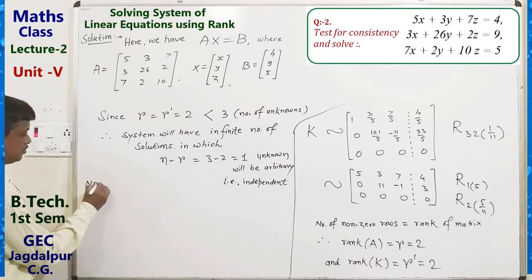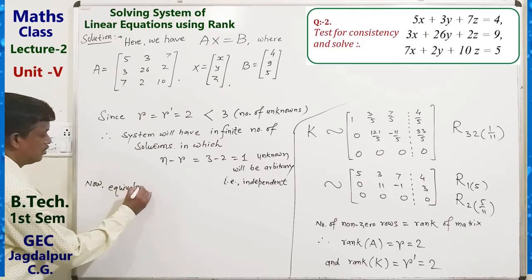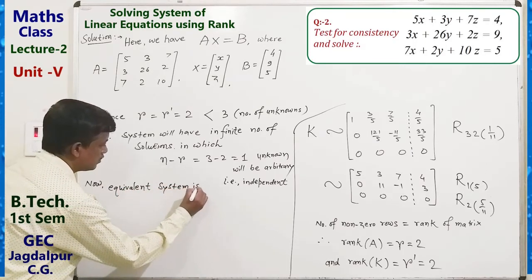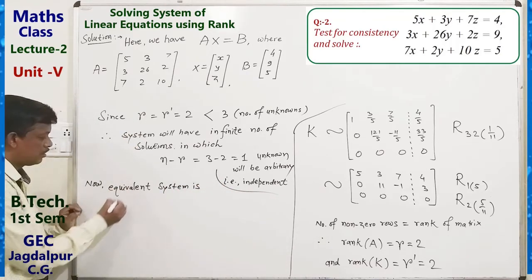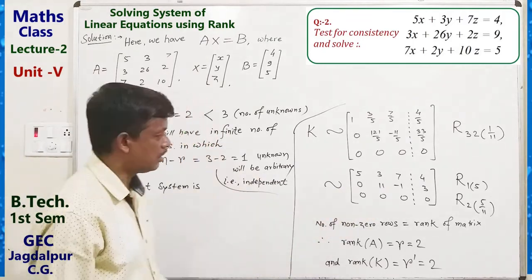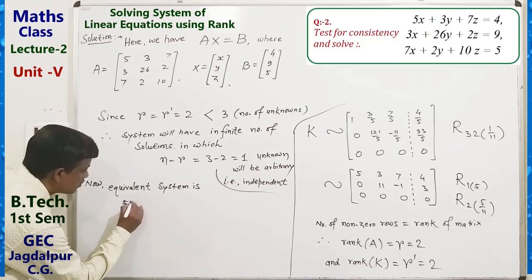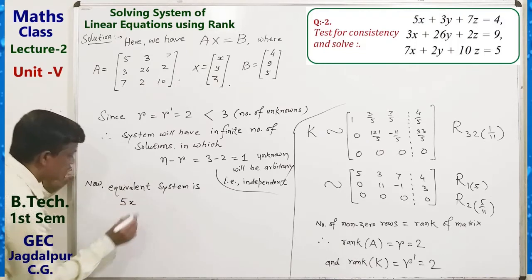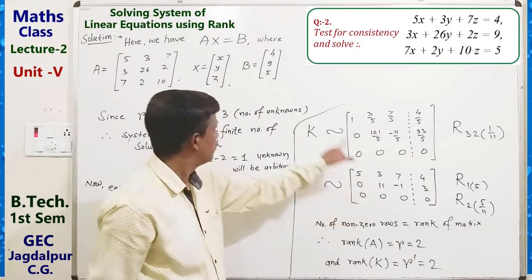Now, equivalent system means from here we can write equivalent system. This is A, x, y, z.